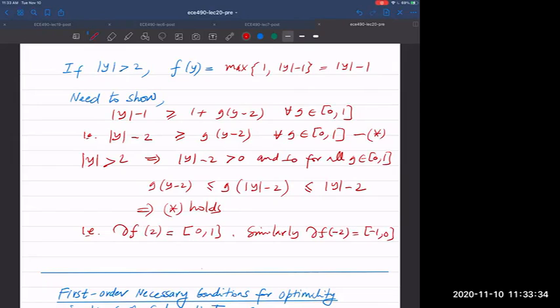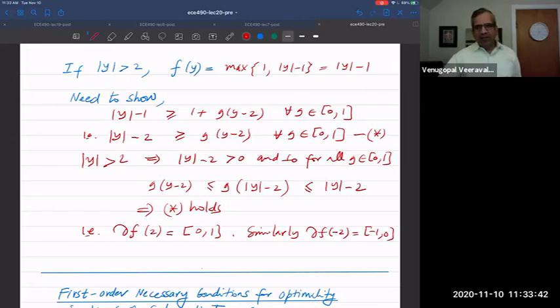Why is g(y minus 2) smaller or equal to g times the absolute value of y minus 2? Because the absolute value of y is bigger than 2, so that will have to hold. Because what can happen? If y is actually bigger than 2, that obviously holds.